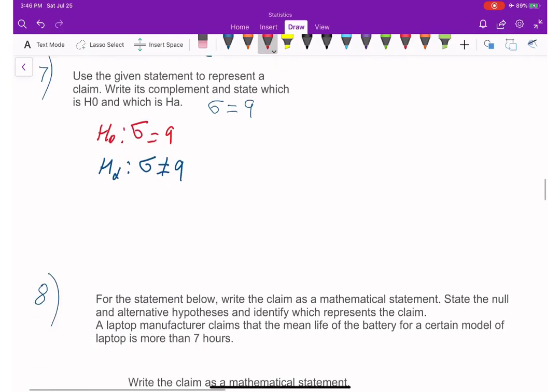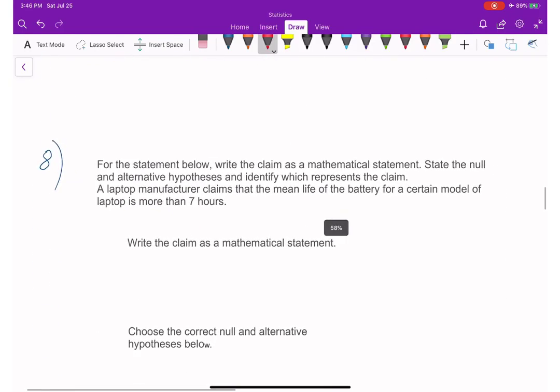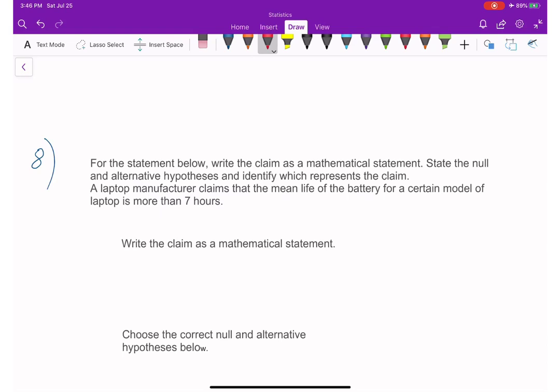Next one. For the statement below, write the claim as a mathematical statement. State the null and alternative hypothesis, identify which one represents a claim. A laptop manufacturer claims that the mean life of battery for certain model is more than 7 hours.